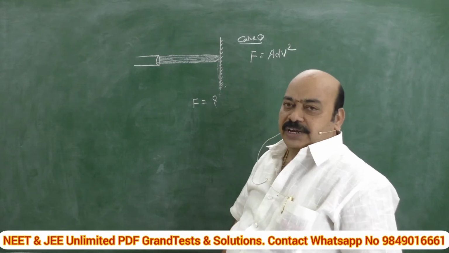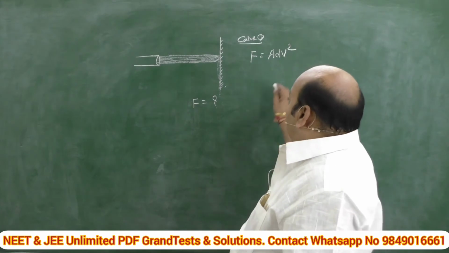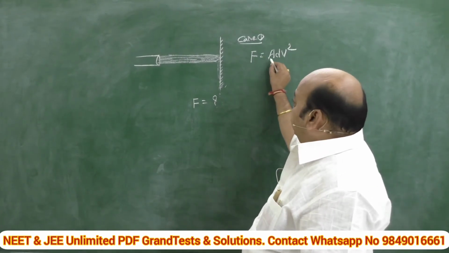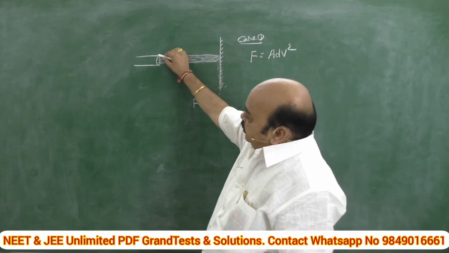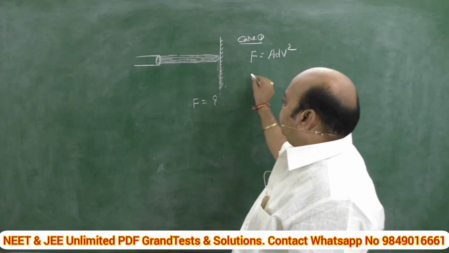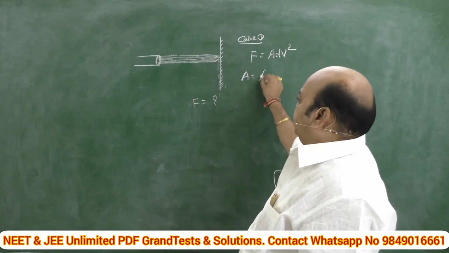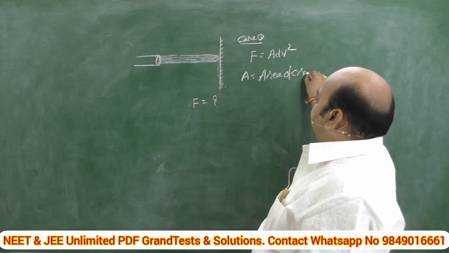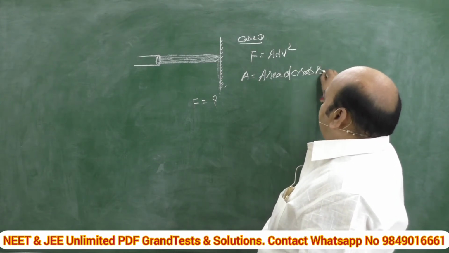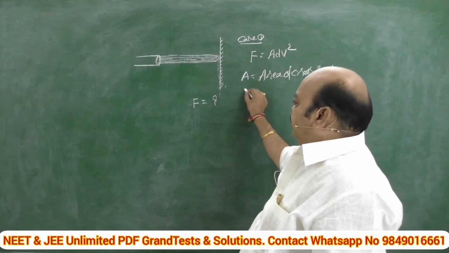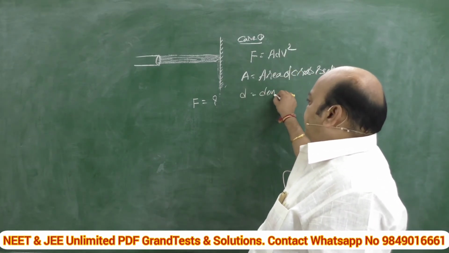F is equal to A d v square, where A is the area of cross section of the pipe, and d is the density of water.